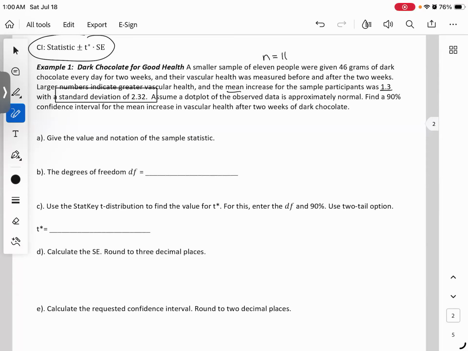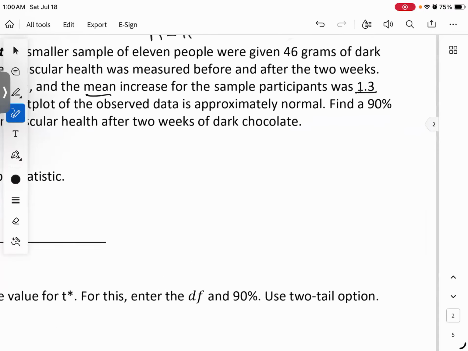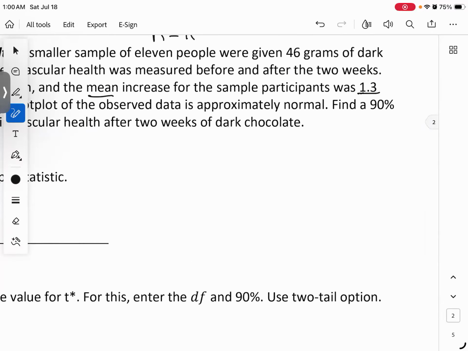Assume that the dot plot from the observed data is normal. That's another thing they're mentioning here. It's not something we're going to look into a whole lot, and you don't have to put this in your notes, but they're saying suppose that the 11 people are roughly bell shaped.